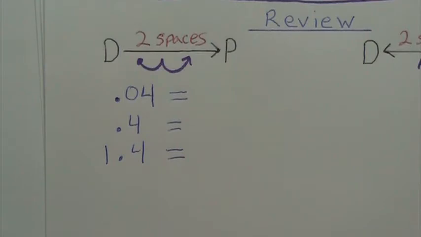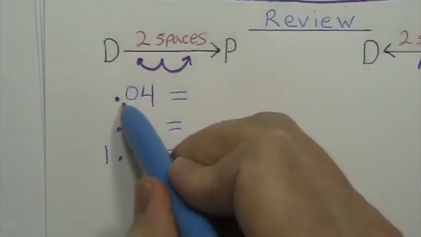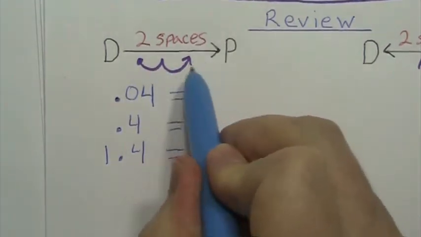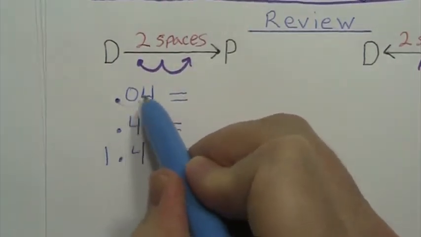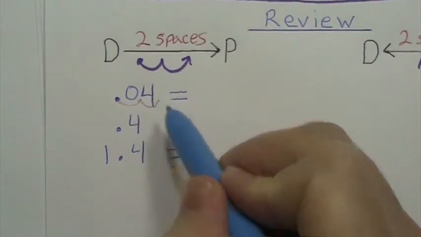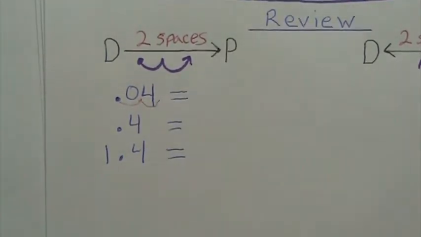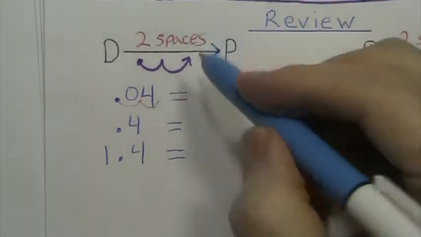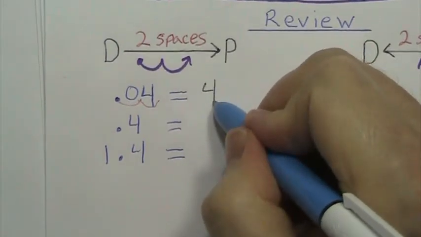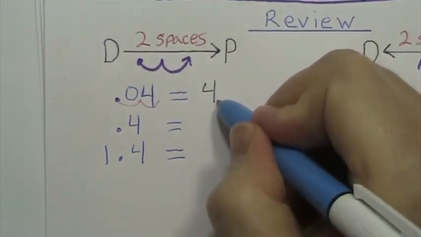So in order to do that, I move the decimal over 2 spaces, this way. So I would go 1, 2. So the decimal is now right there. So it is 4. You can put a decimal there if you want to.